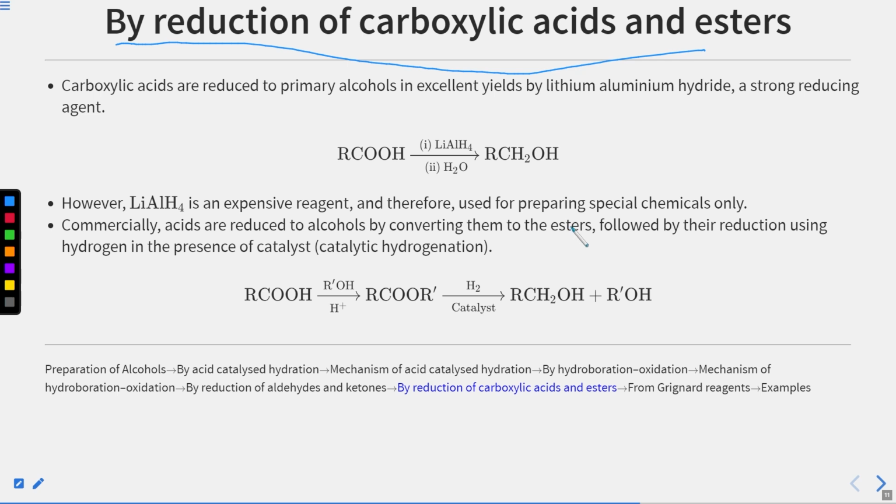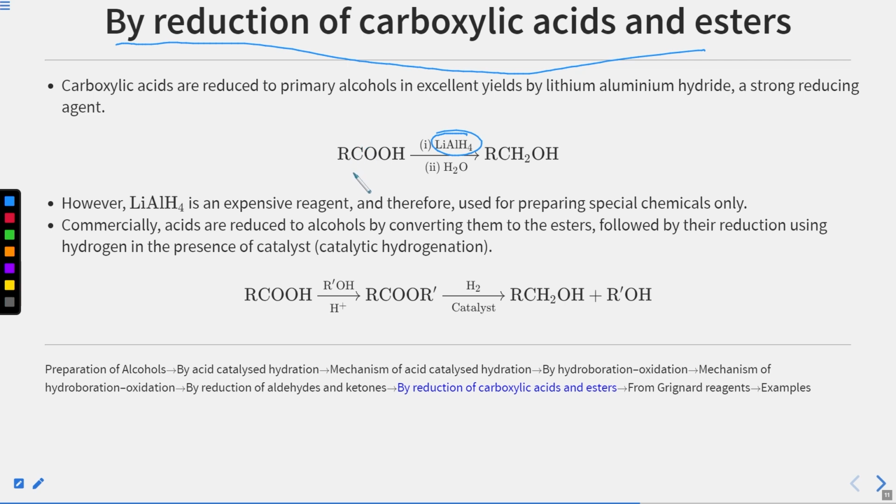So how can we do this? For this we'll use another reagent, that is LiAlH4, instead of NaBH4. What is the reason we are using this LiAlH4? This is a stronger reducing agent as compared to NaBH4. We'll study this in the next chapter also, but let me give a small description here.